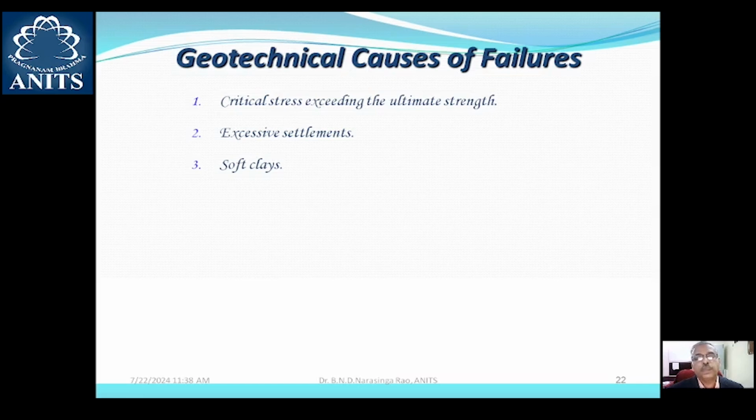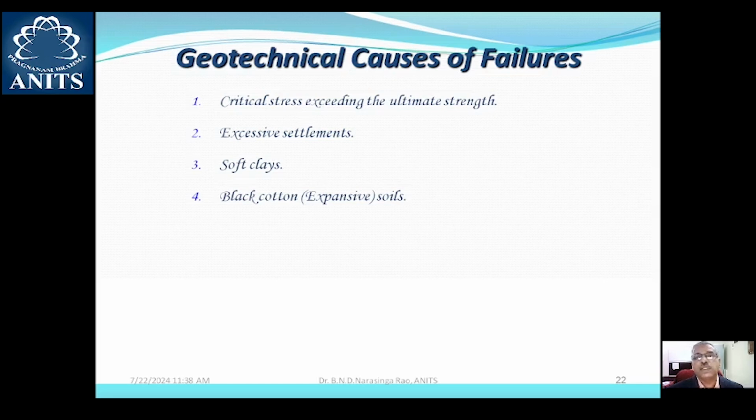Similarly, if you look at black cotton soil, with the change of seasons, say during the rainy season, the soil absorbs water and undergoes a manifold increase in volume. Similarly, during the dry season, say summer, the water is evaporated and the soil again undergoes shrinkage.